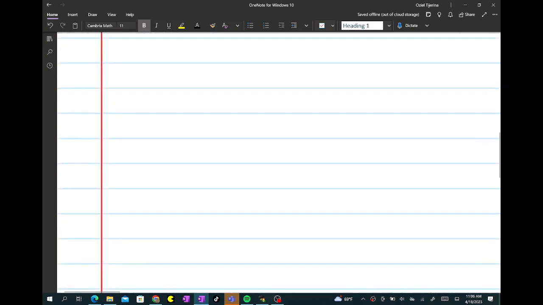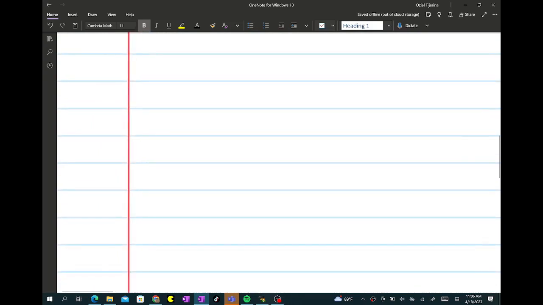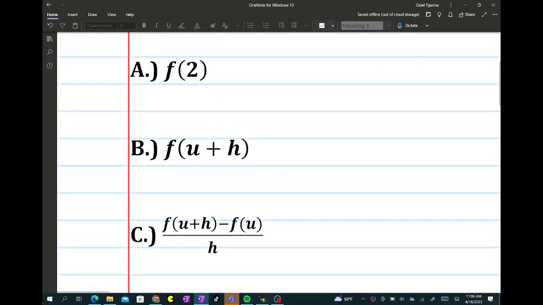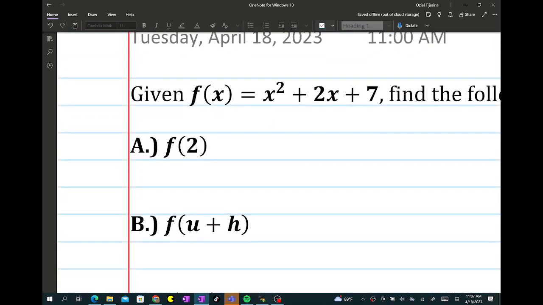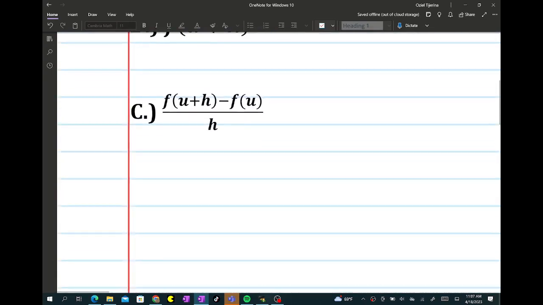So what I mean by evaluate, first of all, it usually means to plug it in, right? Plug in a number for x, or an expression for x, and then try to solve it algebraically.